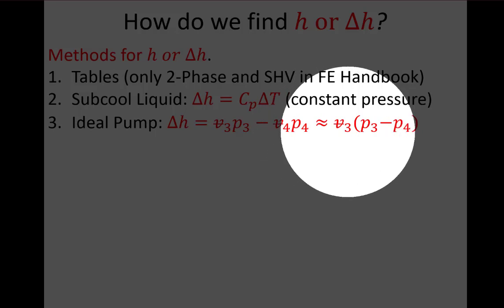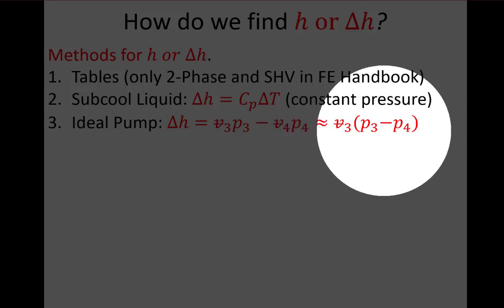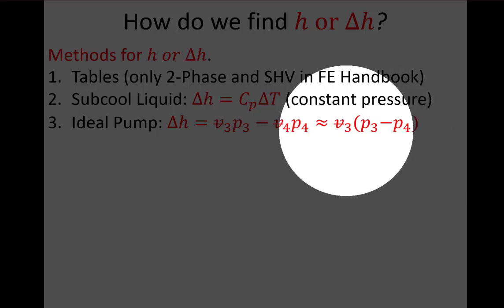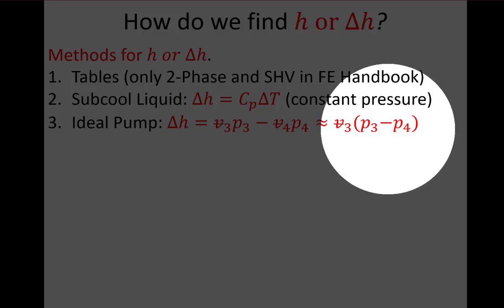Because if you take this specific volume, which is in meters cubed per kilogram, and multiply by a delta P in, say, bar, you're going to get some super weird unit. So in this equation, I always want meters cubed per kilogram multiplied by kilopascals, so I turn my pressure into kilopascals.